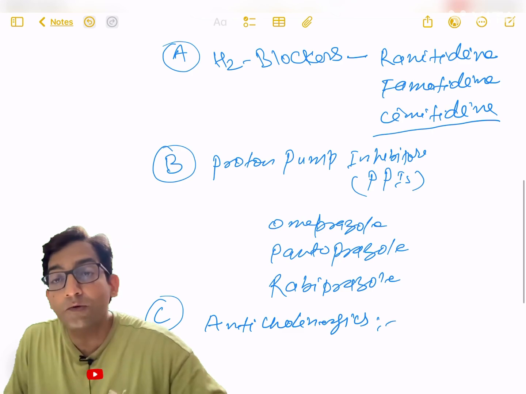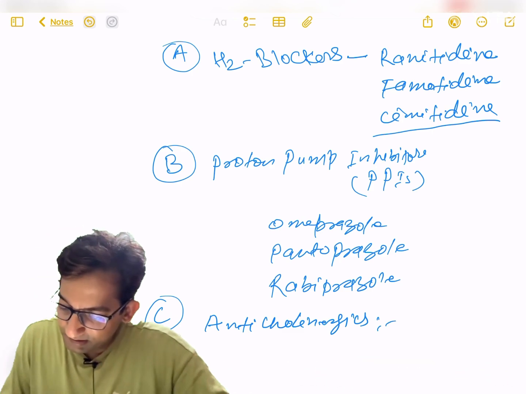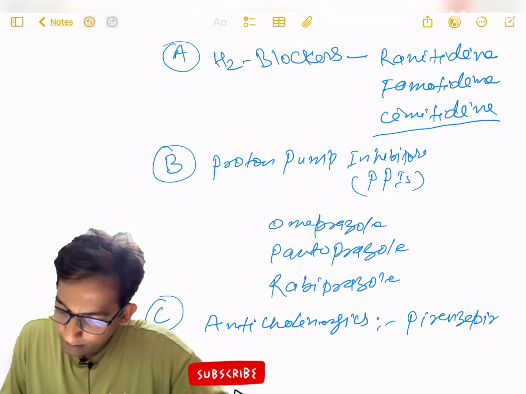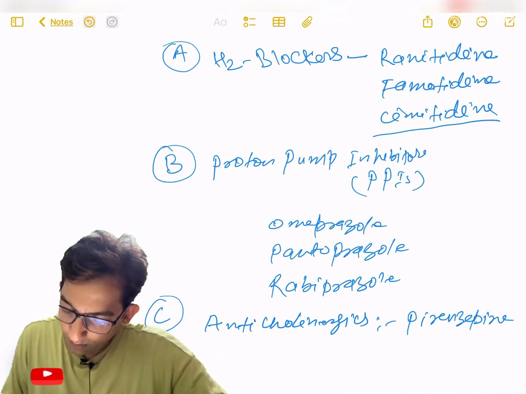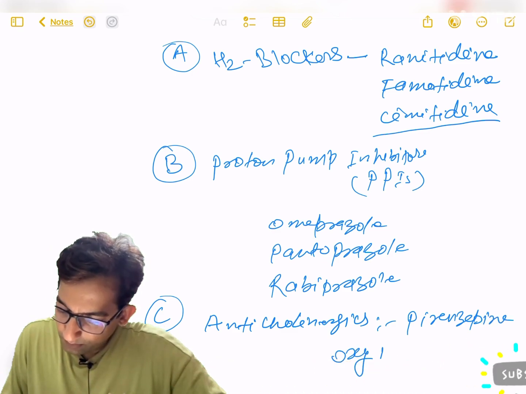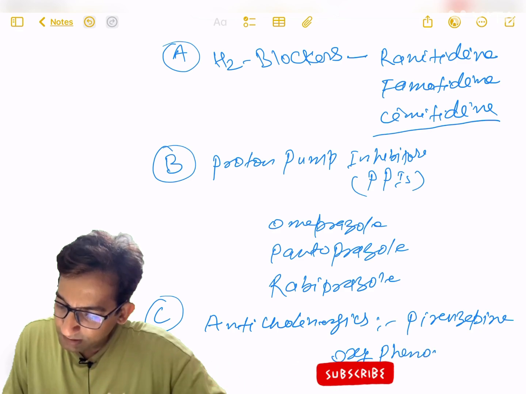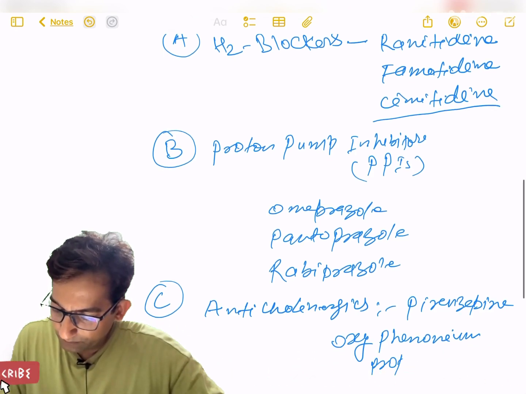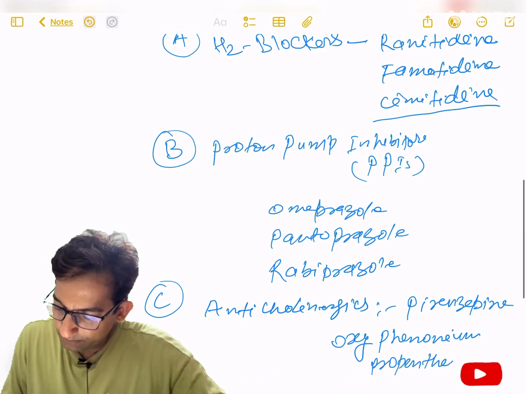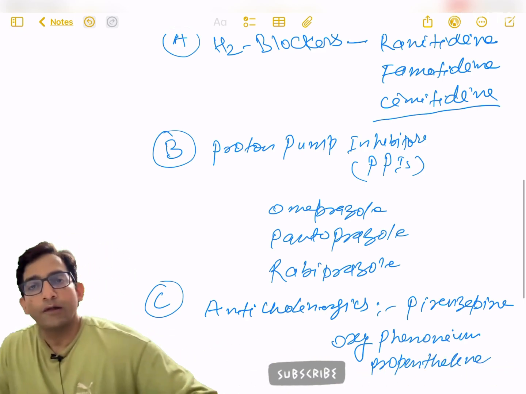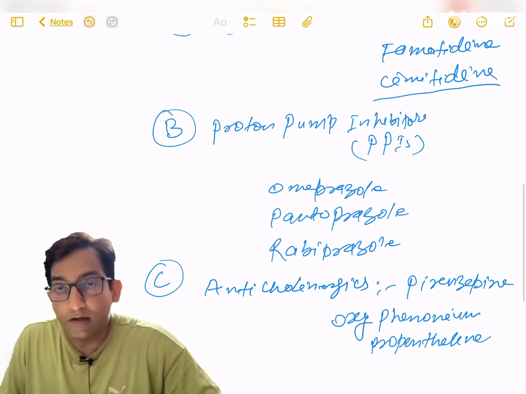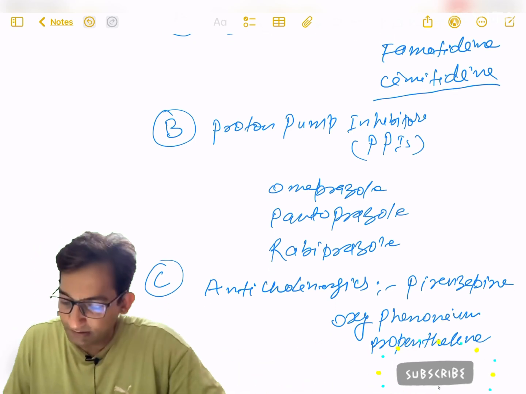Examples of anticholinergics are pirenzepine, oxyphenonium, and propantheline. Okay. These anticholinergics you can also call antispasmodic drugs.